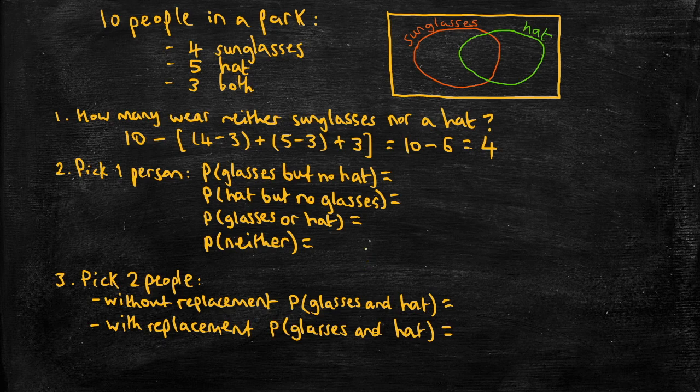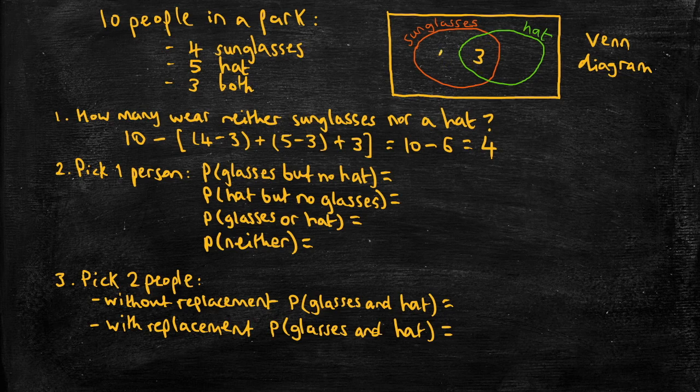All this information can be simpler to understand if we create something called a Venn diagram. And to fill in the Venn diagram, we can fill in the 3 people who have both got sunglasses and a hat on. And then the 4 people with sunglasses are going to be in this orange circle. 3 of them are already in this part of the orange circle that overlaps the green circle, which is the hat folk.